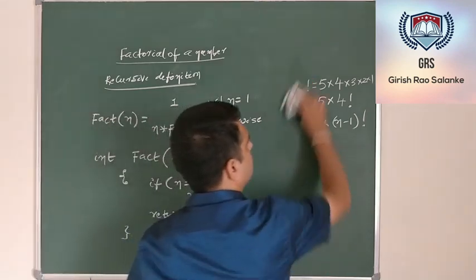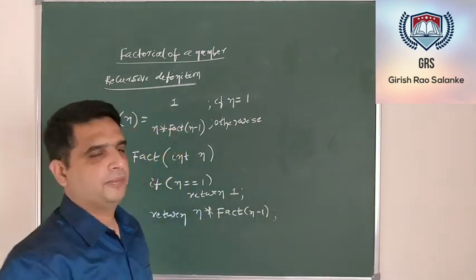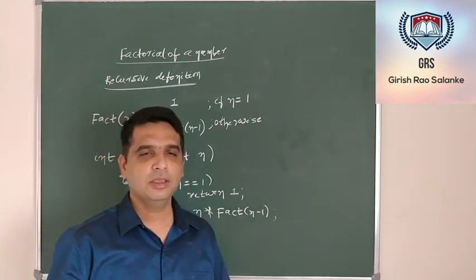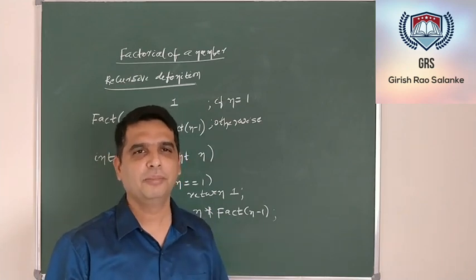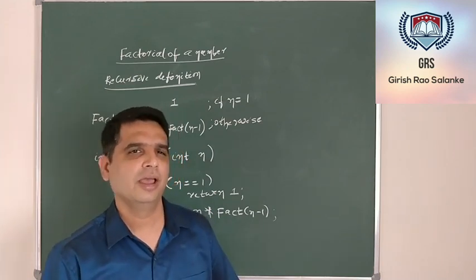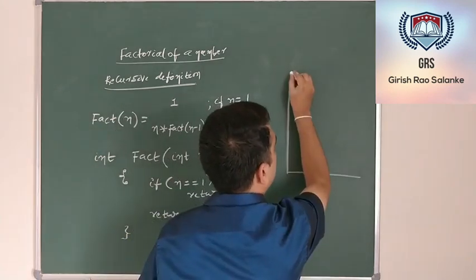In the sense, in the primary memory, if you take the memory layout of a C program, the memory layout looks something like this.